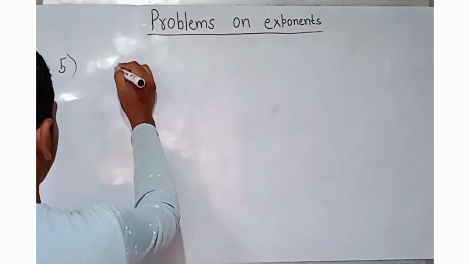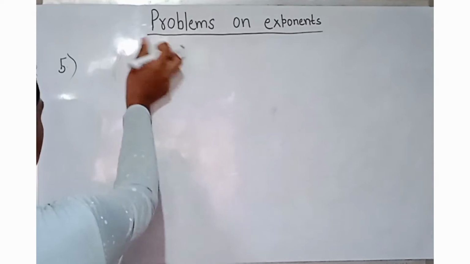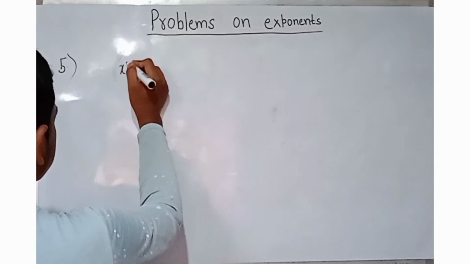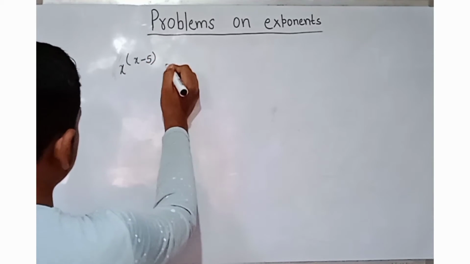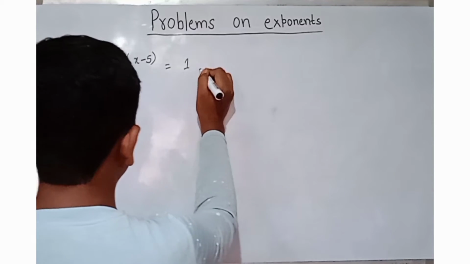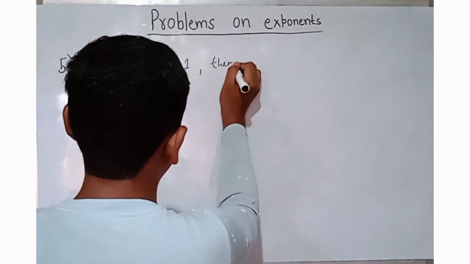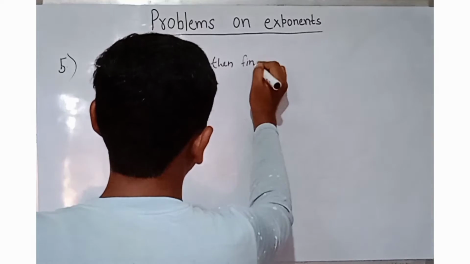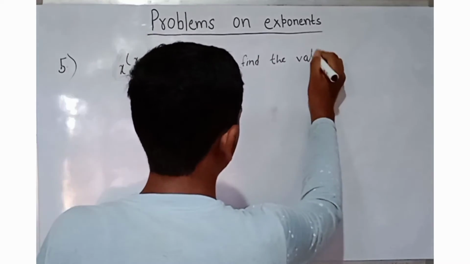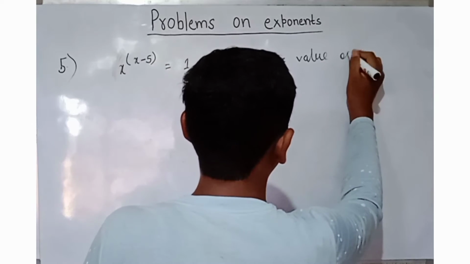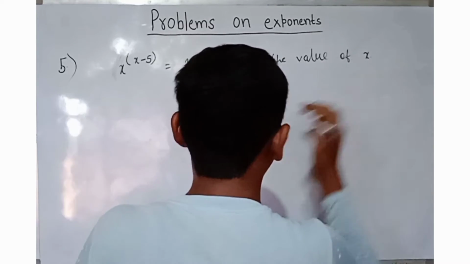It is x^(x minus 5) is equal to 1. Then find the value of x.